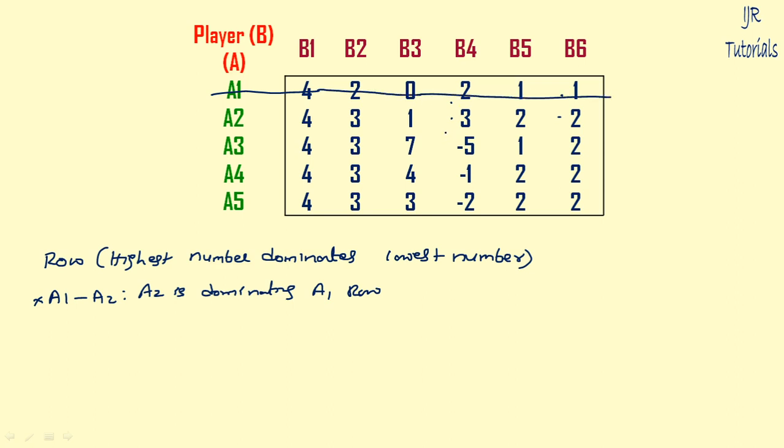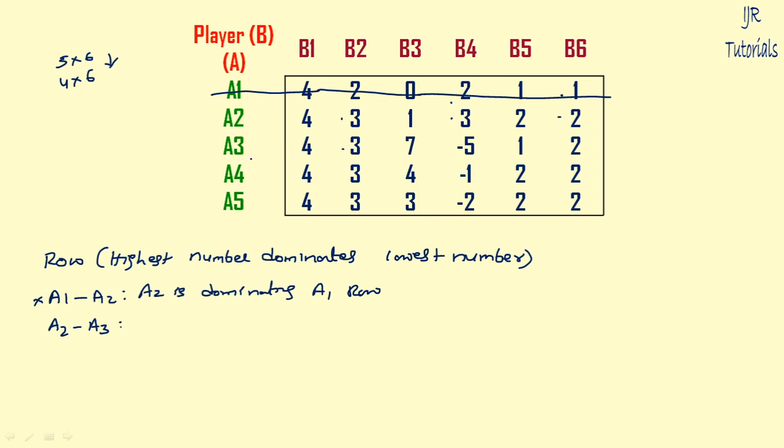If you see the matrix, previously it was 5 by 6. Now it is reduced to 4 by 6. So again we need to take another row pair, that is the A2 to A3 comparison. A2 is 4 and A3 is 3. Both are dominating each other. Take the next numbers, 3 and 3: both are dominating. Then 1 and 7, here 7 is dominating 1.